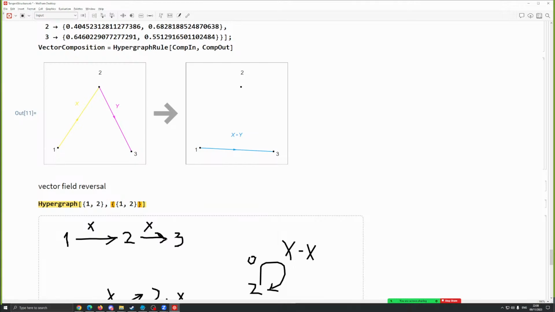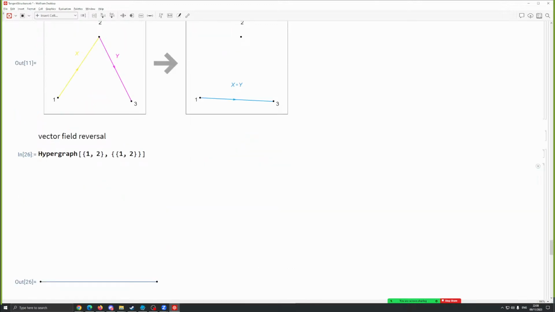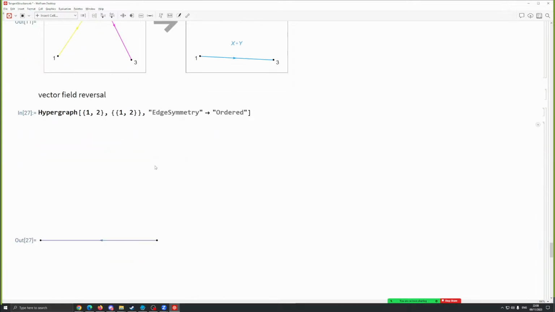Why not? Should. No, how do I make directed? Is it here? Well, edge symmetry is an option, right? Yeah. Like that? Ordered. Sure.